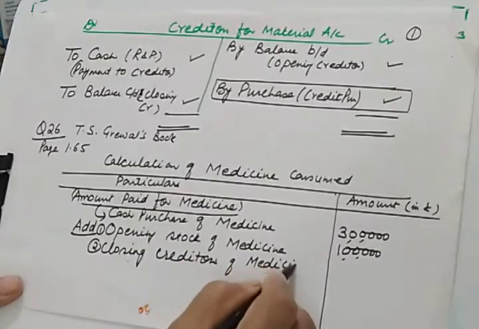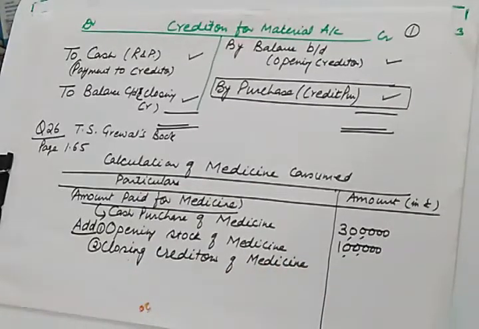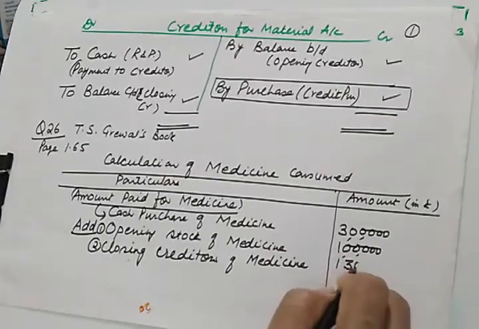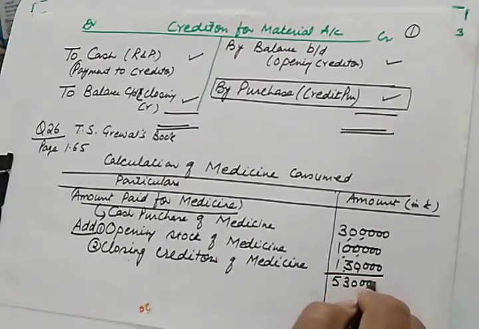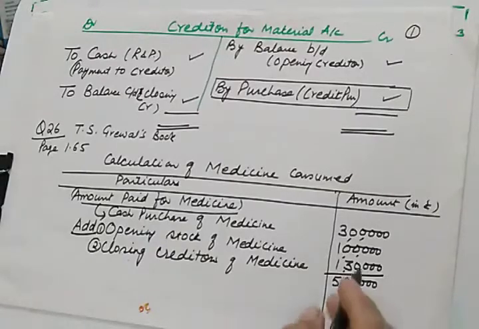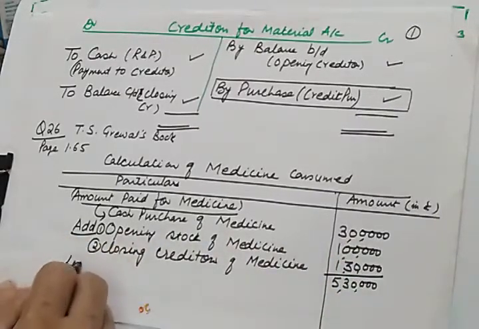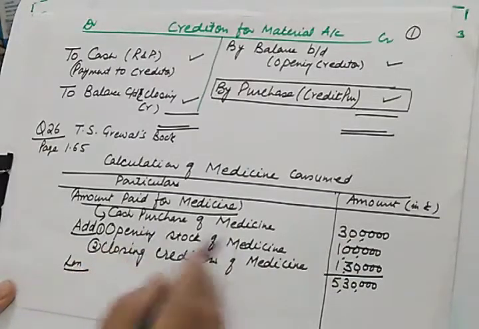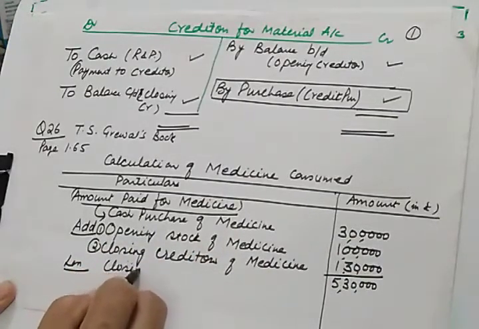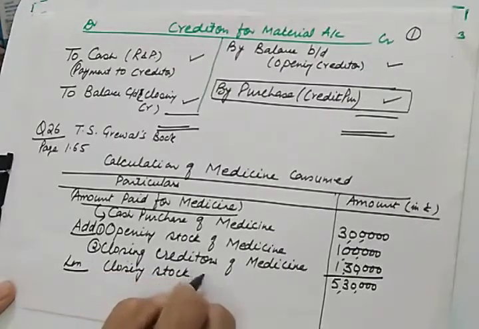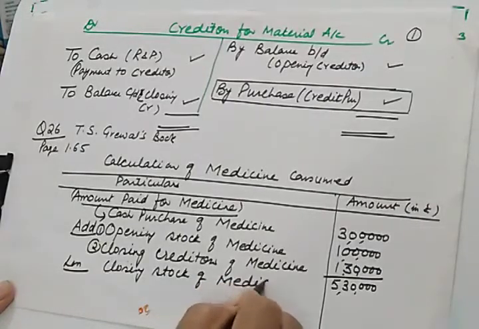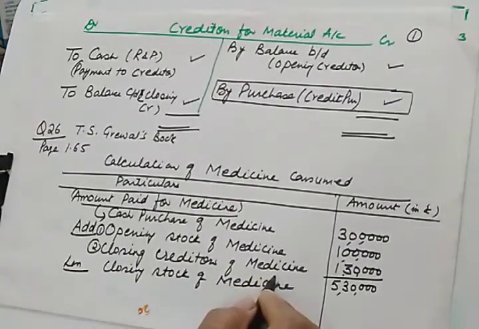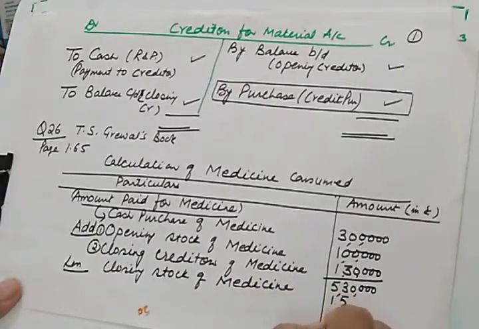So closing creditors of medicines are given to us as 1,30,000. So let us add all the items which are to be added in this, and now we'll be deducting. Opening stock was added, so closing stock of medicine will be deducted. Closing stock of medicines, it will be deducted. So let us see how much closing stock of medicine is given to you. This is 1,50,000.